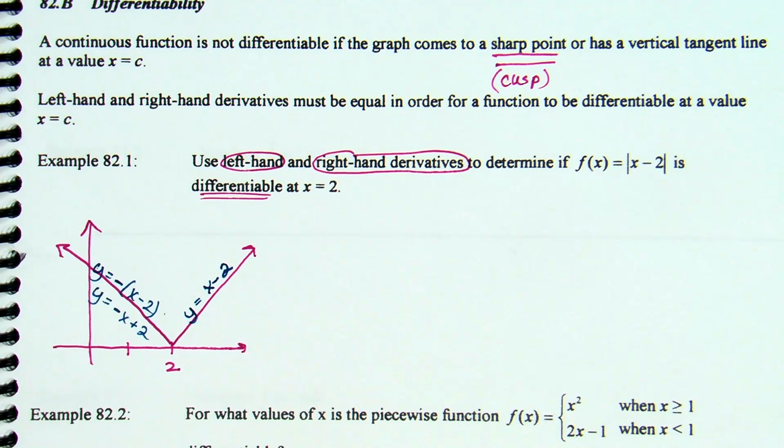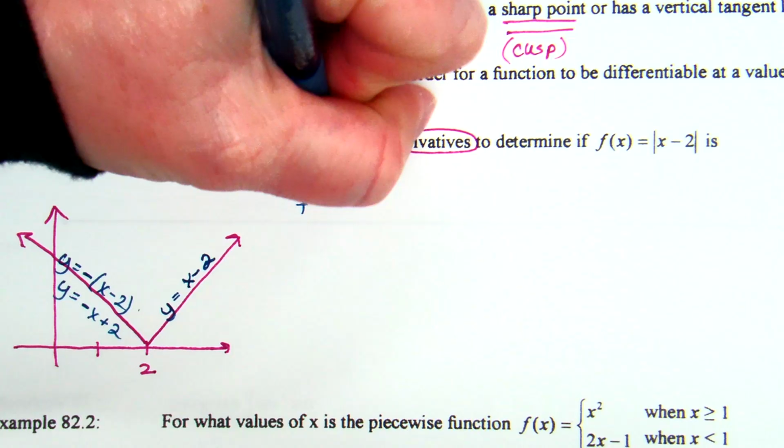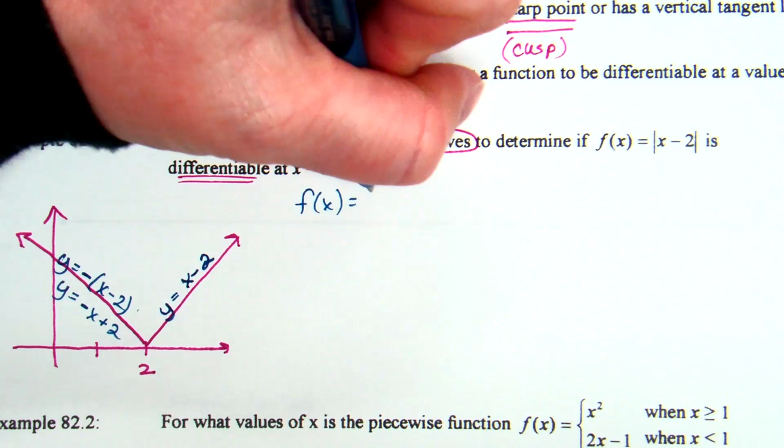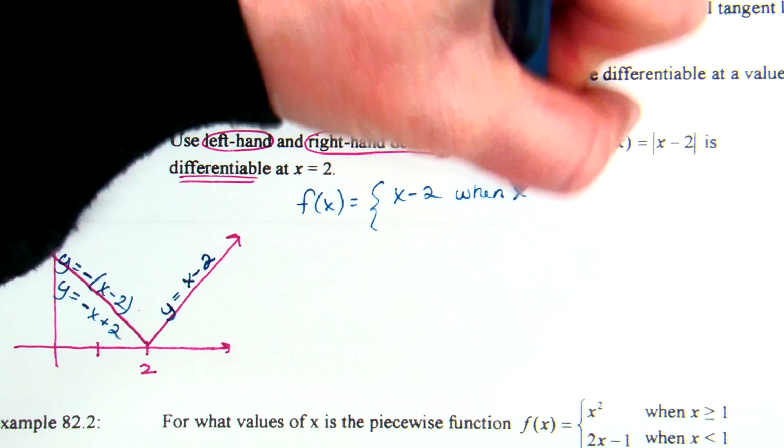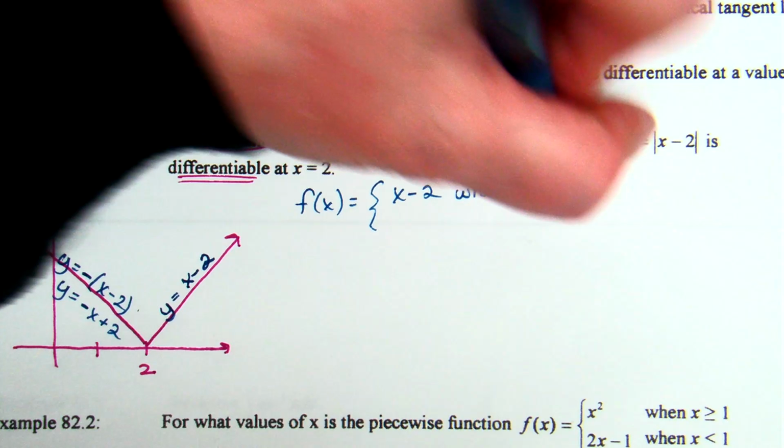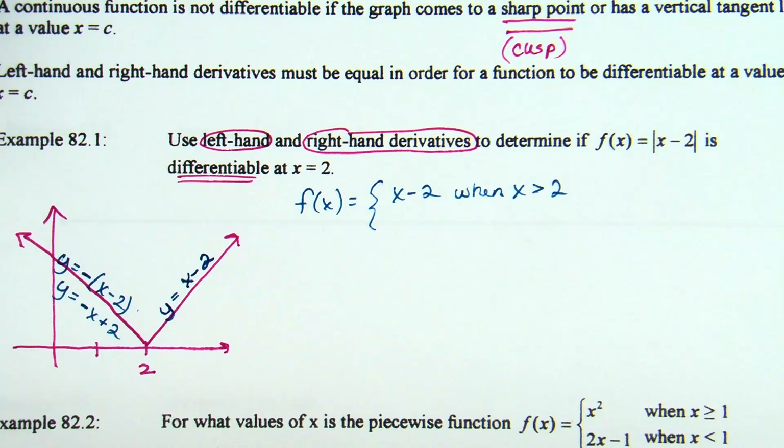So if we write this as what I'm going to call a piecewise function, f of x equals absolute value of x minus 2. Well, it's x minus 2 when the x values are greater than 2. Could we also say equal to 2 there?